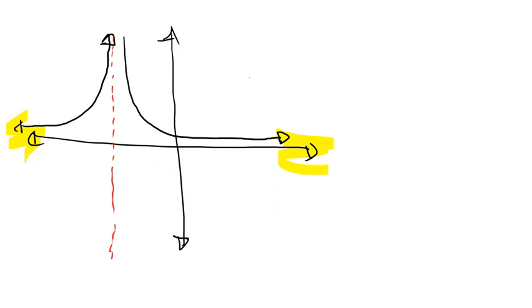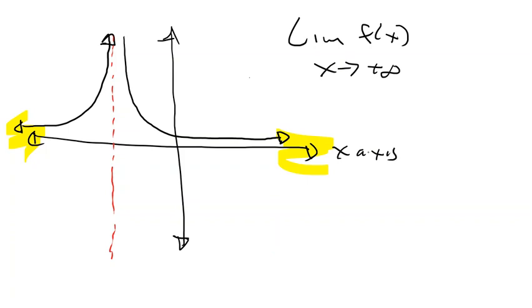So it appears that the limit of this function, as x is getting infinitely large, is approaching the x-axis. This is the x-axis. So that is a y value of 0. The x-axis represents where y is equal to 0.